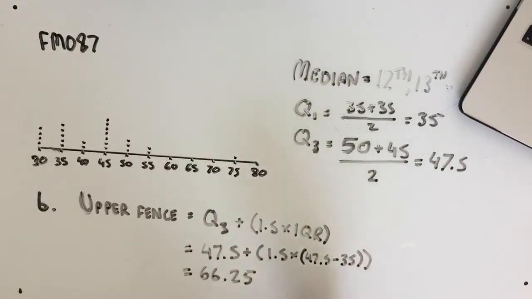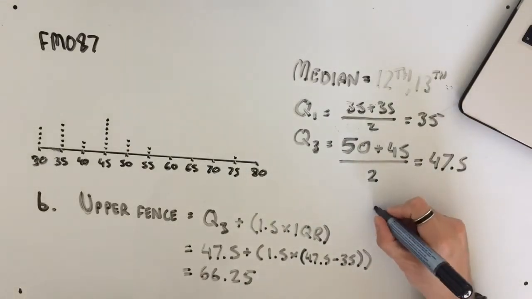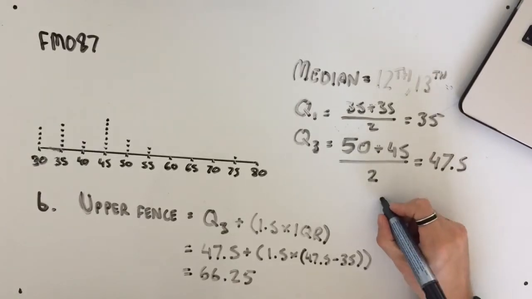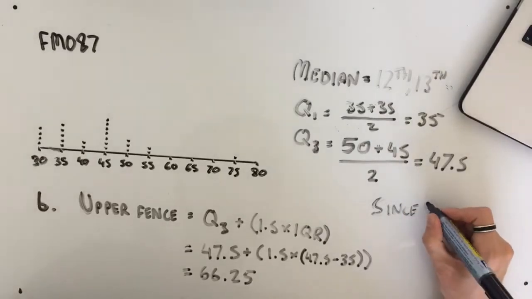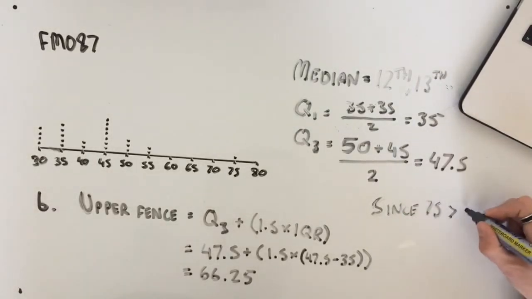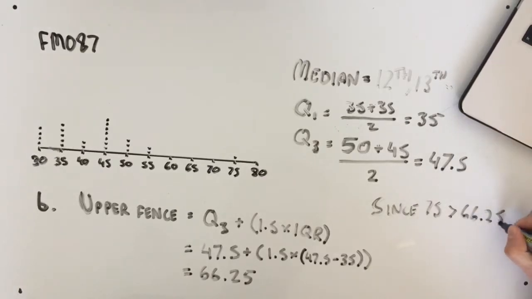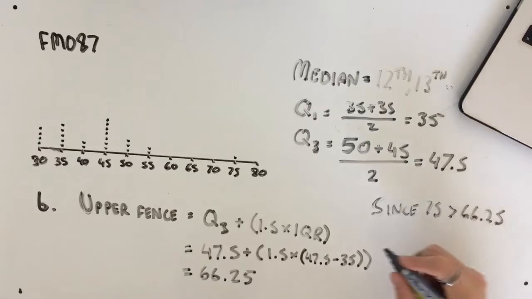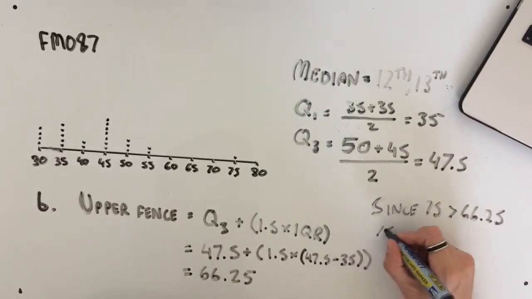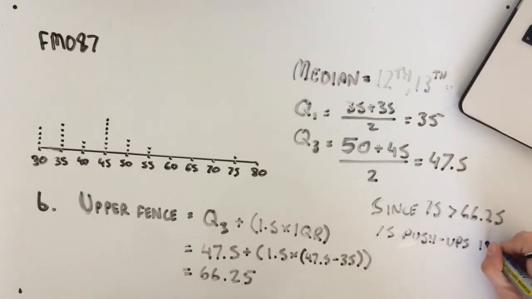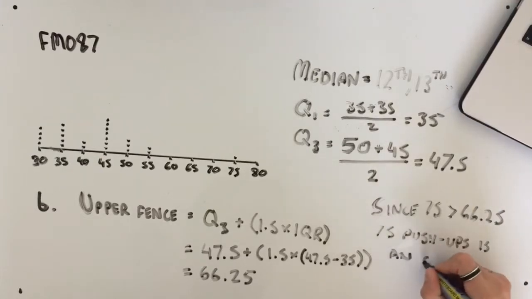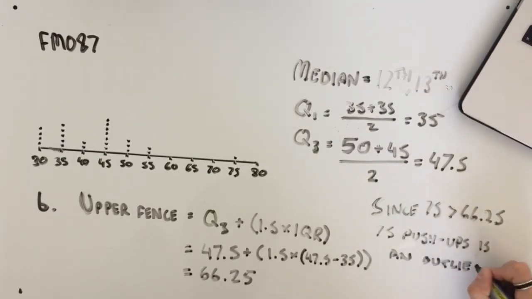So we can say something along the lines of, as our final answer, since 75 is greater than 66.25, 75 push-ups is an outlier. So that's our working, and here's our final answer.